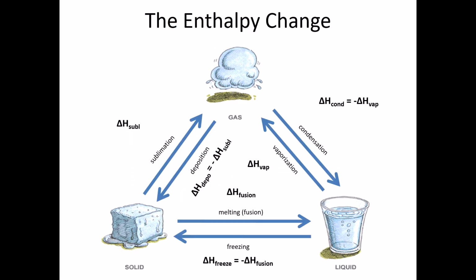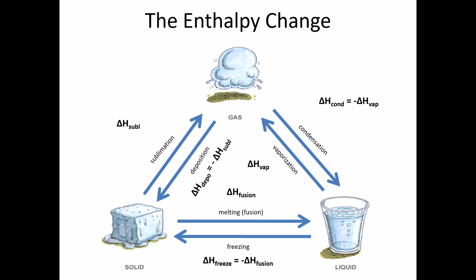Alright, so if we look at the triangle for our enthalpy change, we have 6 different phase changes: sublimation, deposition, vaporization, condensation, fusion, and freezing. If we add in now our enthalpy values, our endothermic values, delta H of vaporization, delta H of fusion, and delta H of sublimation, are endothermic values, positive delta H values.